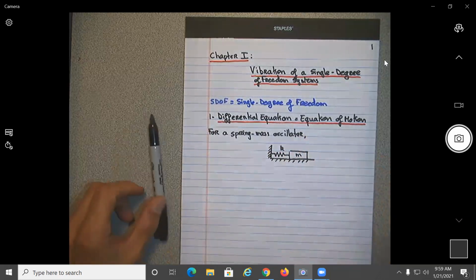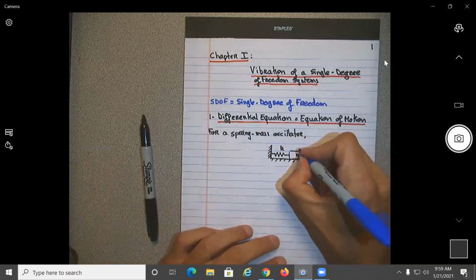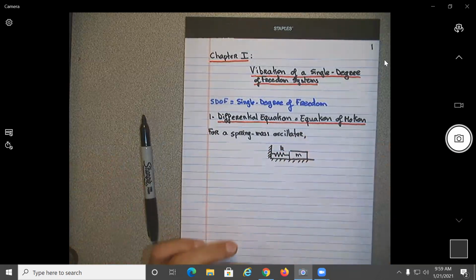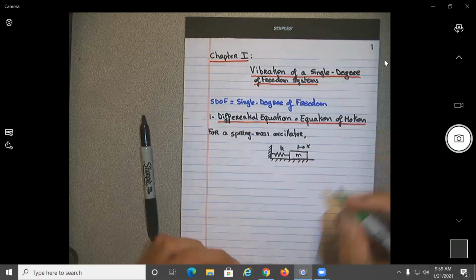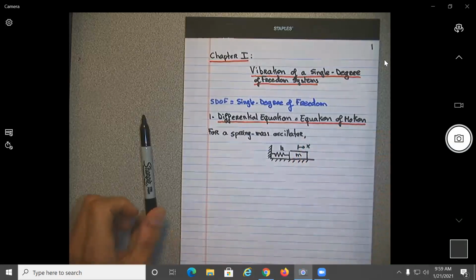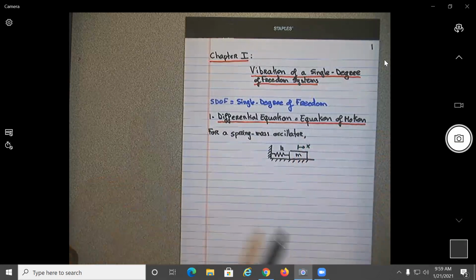Okay. Every time we derive any type of equation, we need to have a reference frame. So over here, let's say our reference frame will be located at the CG, and this can only move in one direction, correct? So what do we call this chapter?